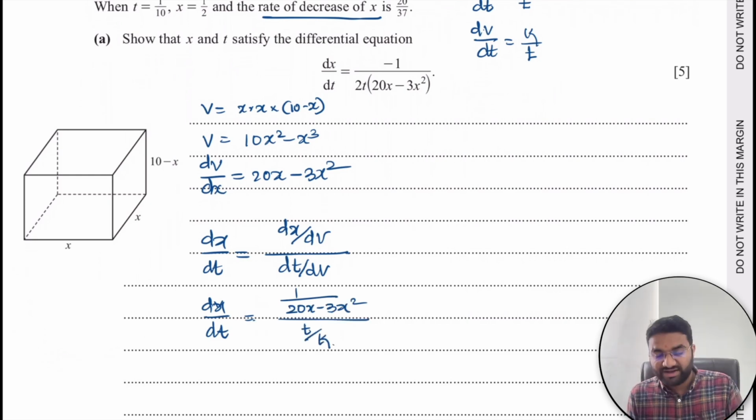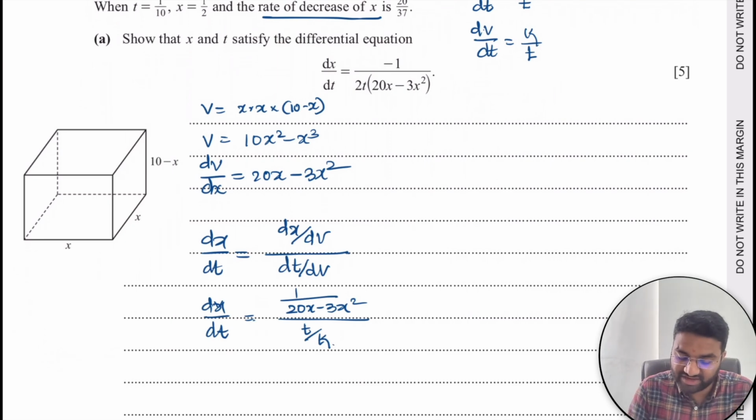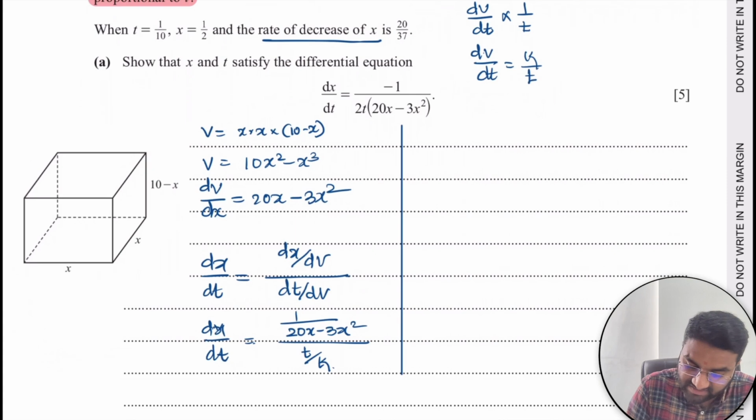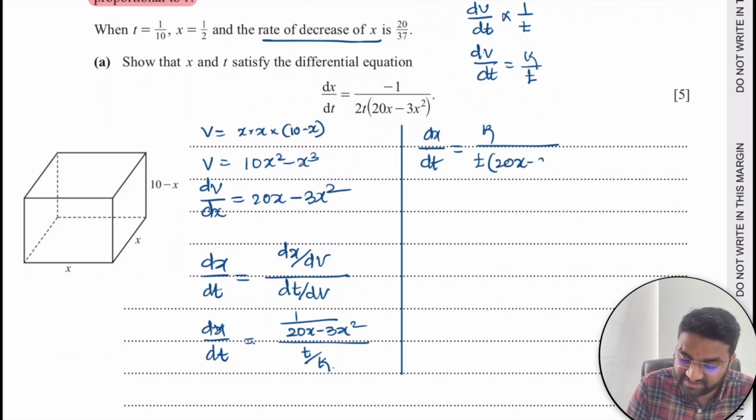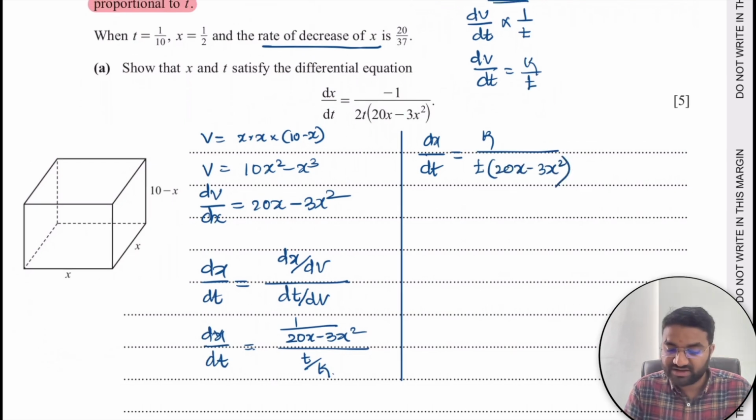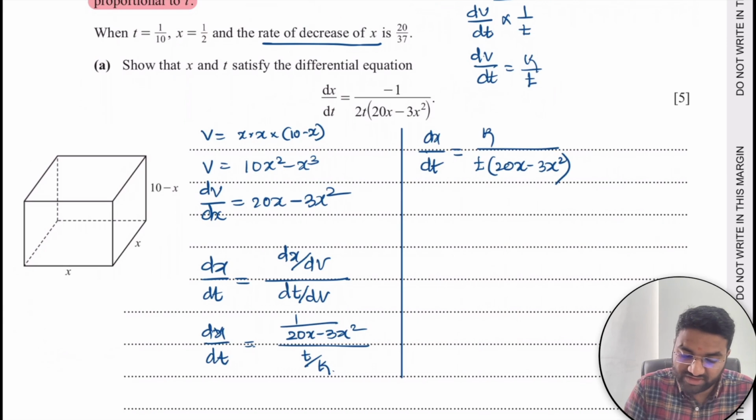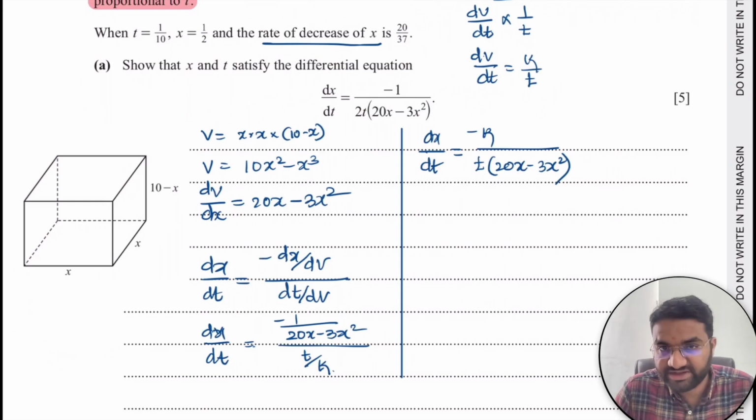Alright, and just simplify and rearrange all these things, you can write this as dx by dt which is equal to k over t times 20x minus 3x square. Fine. Now one more thing we missed out: this is the rate of decrease of x, it's decreasing, so we have to put a negative at the beginning. Fine, so put the negative symbol.